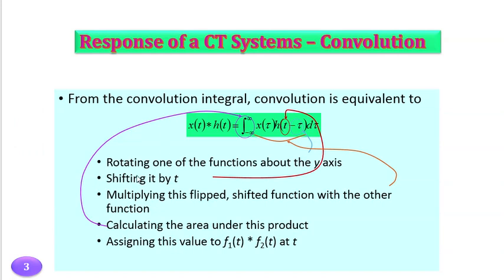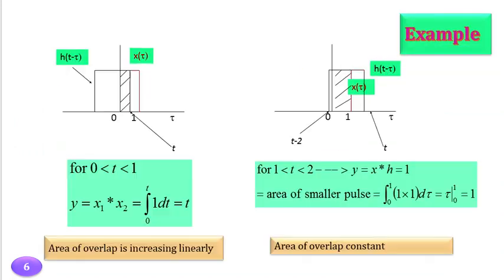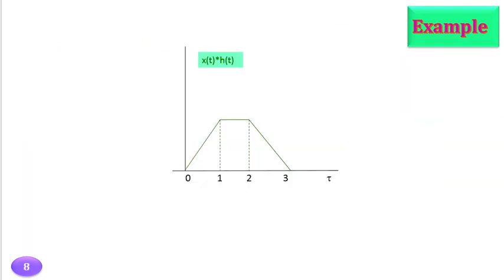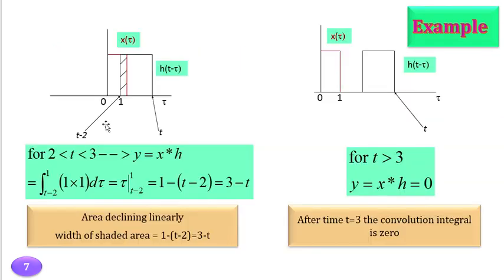In lecture 6, we talked about continuous time convolution. You remember that we basically pass x of t over the h of t.